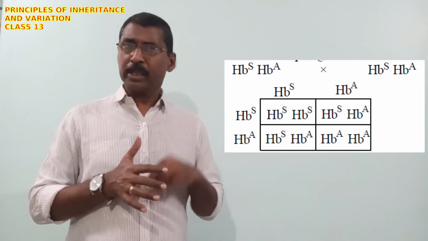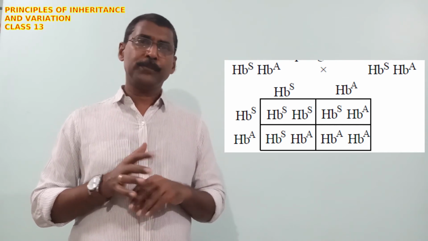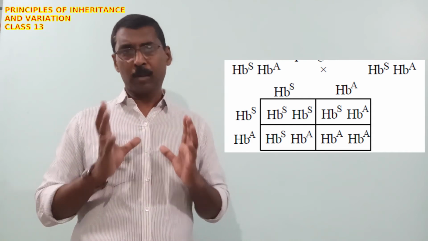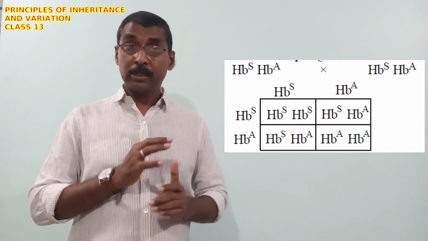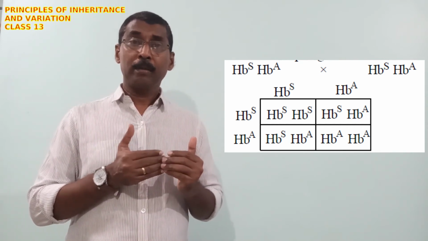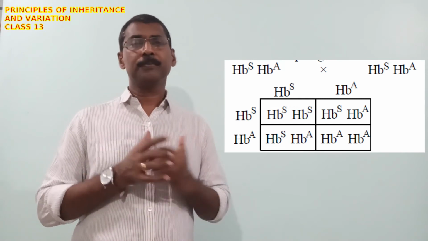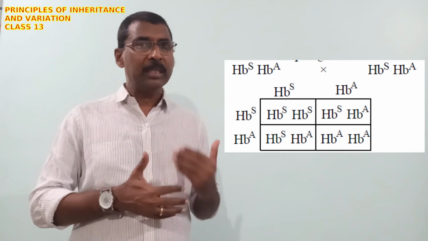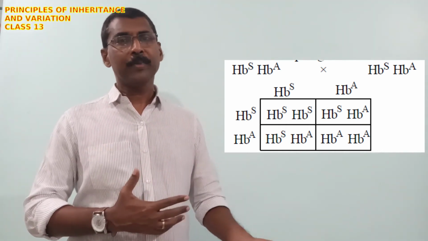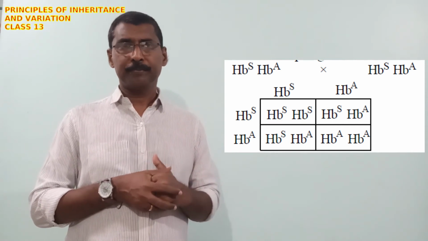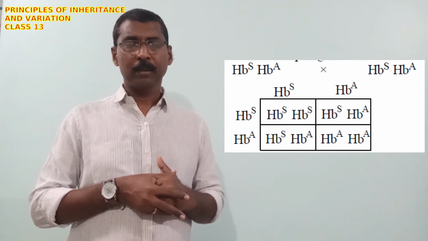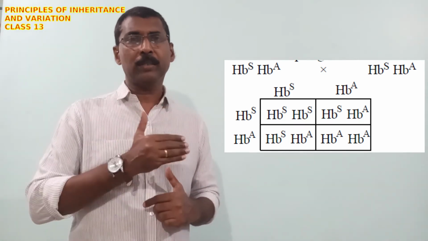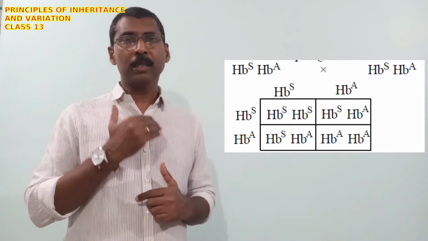Certain children can be of normal genotype HbA, HbA. They are normal. The children also can be HbA, HbS carriers, and the children can be HbS, HbS, that is, sickle cell anemia patients. So this is the pattern of inheritance of sickle cell anemia.